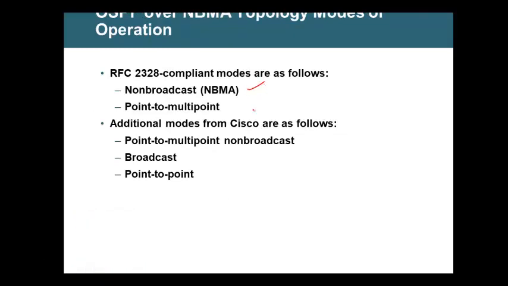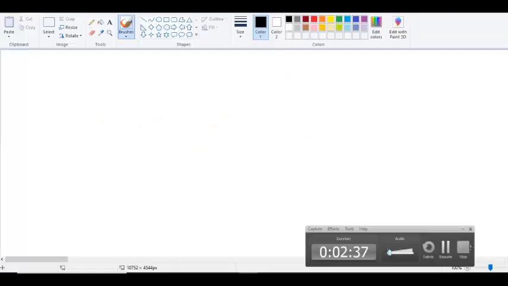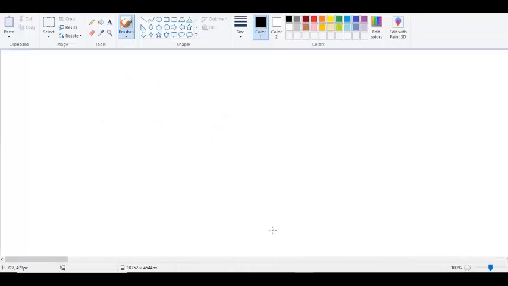Number 2, point to multi-point. 3, point to multi-point non-broadcast. 4, broadcast. 5, point to point.